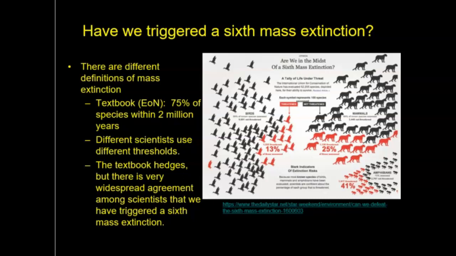However, different scientists use different thresholds for designating a period as a mass extinction event. The textbook hedges on whether the current era should be considered a mass extinction event, but there is very widespread agreement amongst scientists that we have triggered one, and it's the 6th mass extinction event for the planet, sometimes known as the Anthropocene extinction.